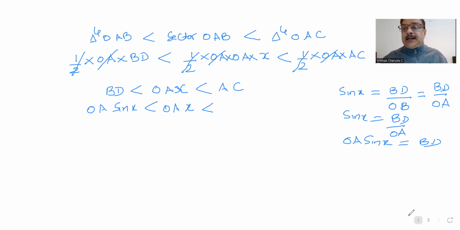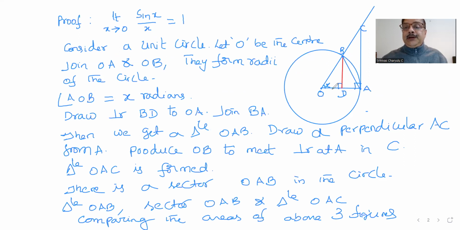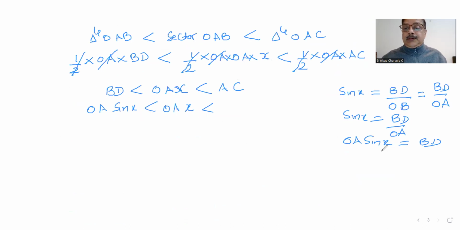Go to the previous diagram. This is AC for you now. What is AC here? Tan X, you observe. Tan X is equal to AC divided by OA. That we will write down from this diagram.